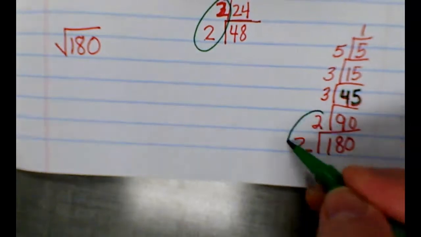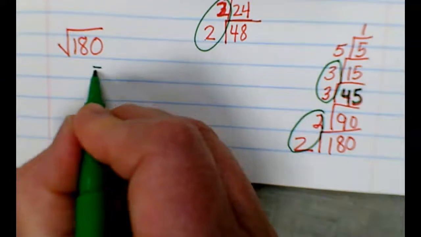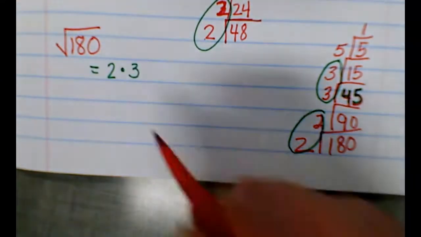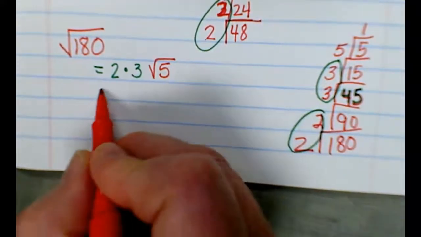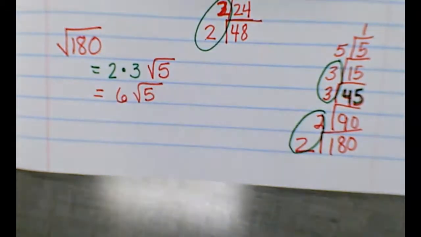So I have a pair of 2s and a pair of 3s. And what do I have left over? 2 times 3 is 6, with a 5 left over.